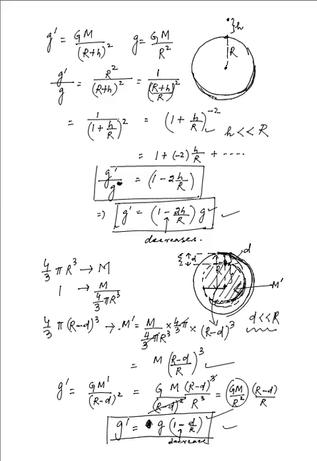So g dash will tend to be 0 when d by r is equal to 1, or when d is nearly equal to r, meaning the depth. Exactly, if you dig to the center, you probably won't experience any gravitational pull whatsoever. The gravitational field at that point will be 0.